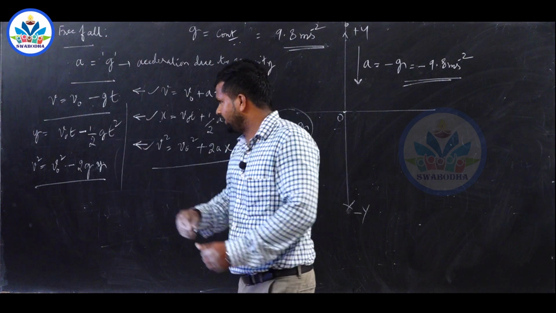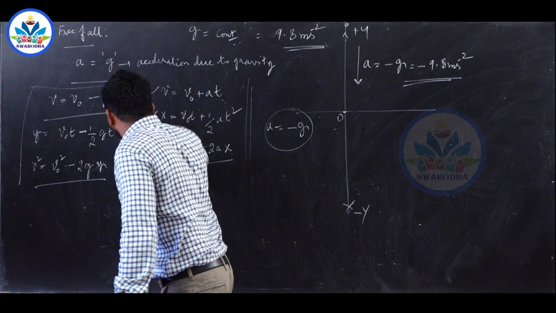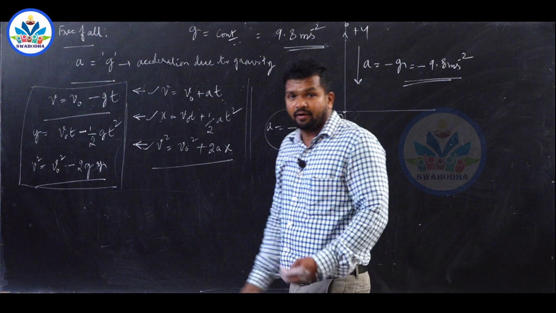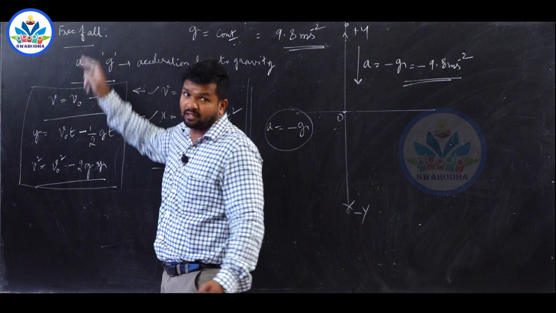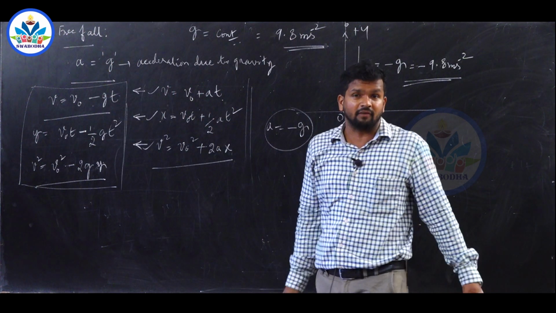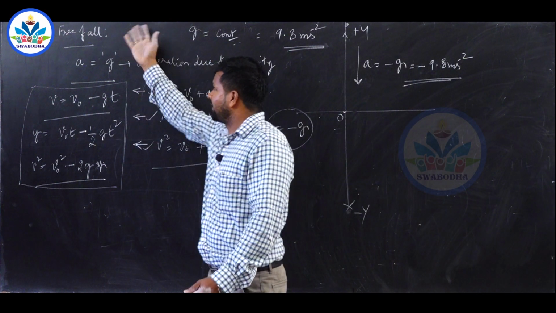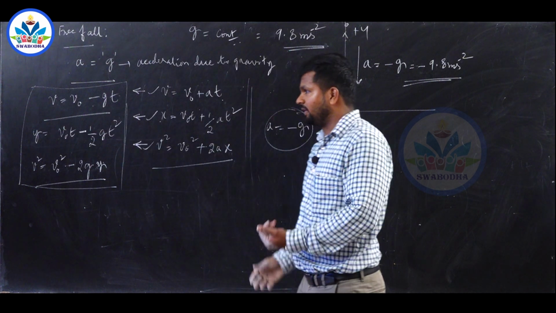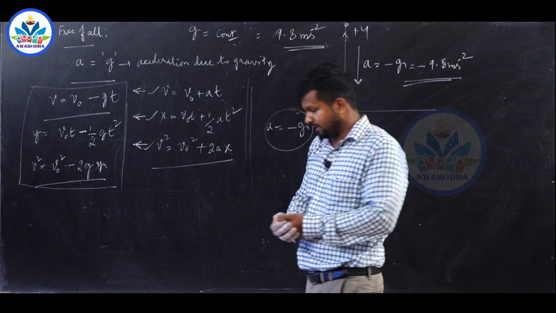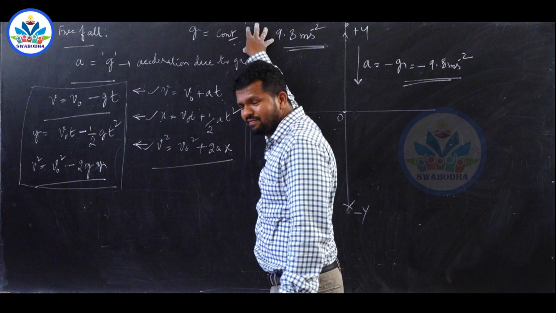So this is how we are going to modify the kinematic equations for uniformly accelerated motion, particularly for free fall. As I mentioned, free fall is again a special case. It also comes under the same category. It's free fall neglecting the air resistance, that is a motion with constant acceleration.